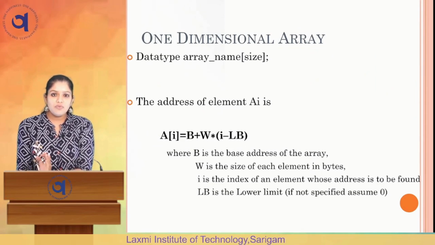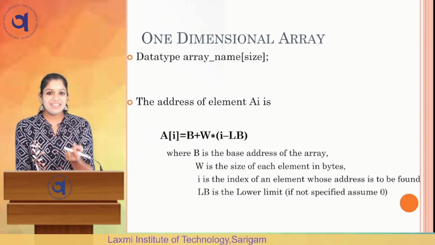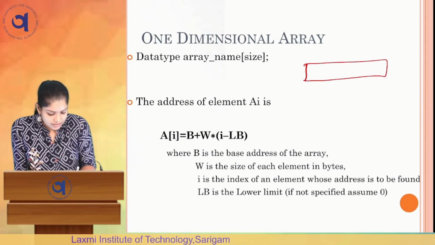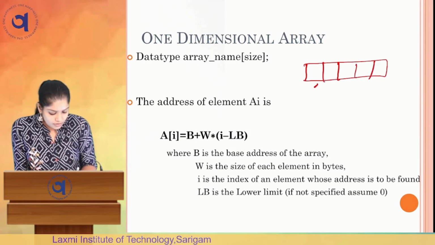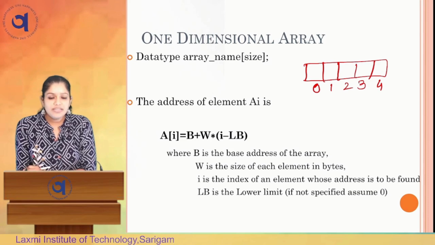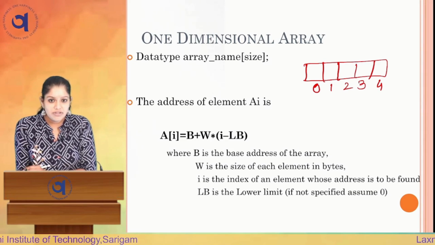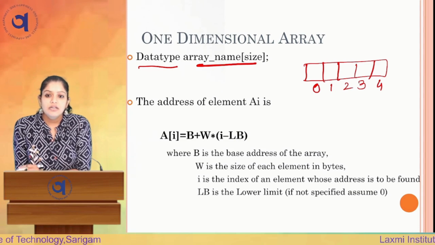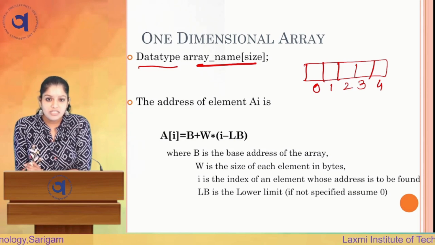First we will see what a one dimension array is. A one dimension array has only a single vector. We can consider it like this: here we have 0, 1, 2, 3 and 4. So, it is a one dimension array in which we can store only one vector of data. Now, how can we define an array?